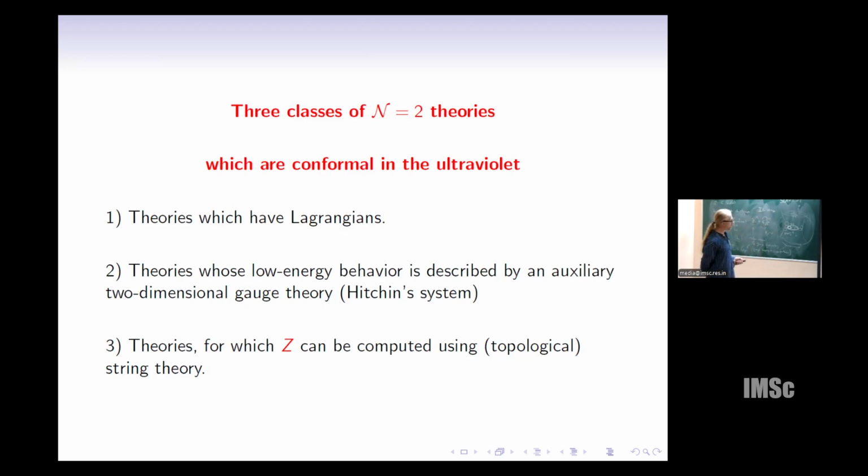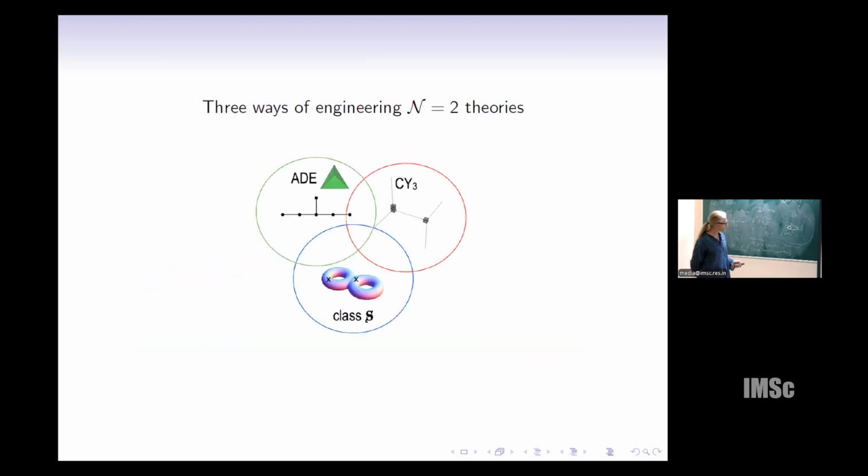There are theories which maybe do not have Lagrangians, but using string dualities, we can understand them through the low energy behavior as defined by some auxiliary two-dimensional gauge theory, such as the Hitchin system, on which I will be speaking more on Friday. And theories for which the partition function can be computed using string theory or topological string theory. So there is this kind of map of N=2 theories.